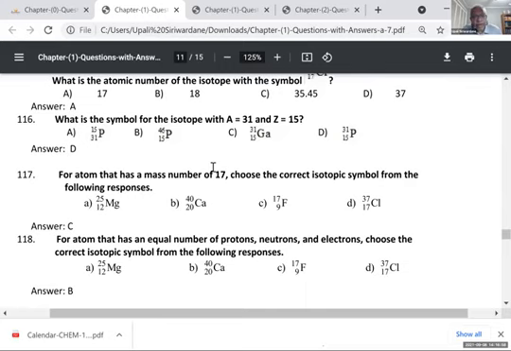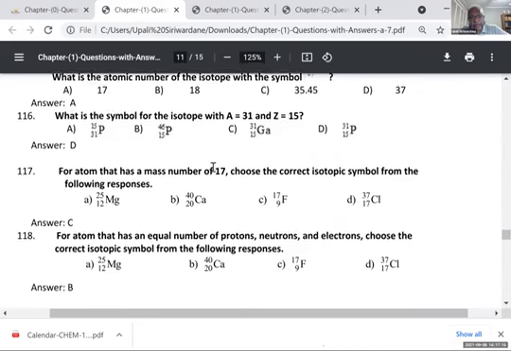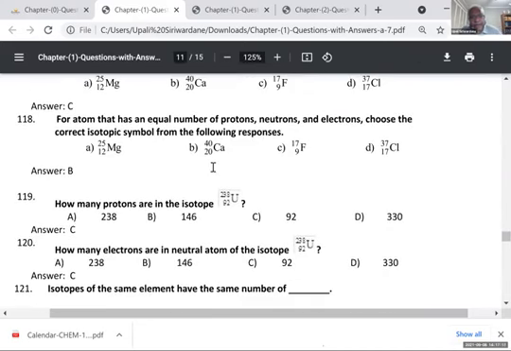Okay, 17 is C. That has the mass number 17. It's an easy question.